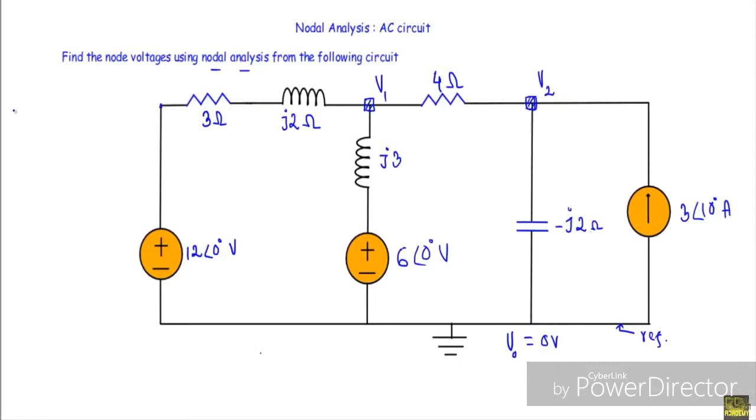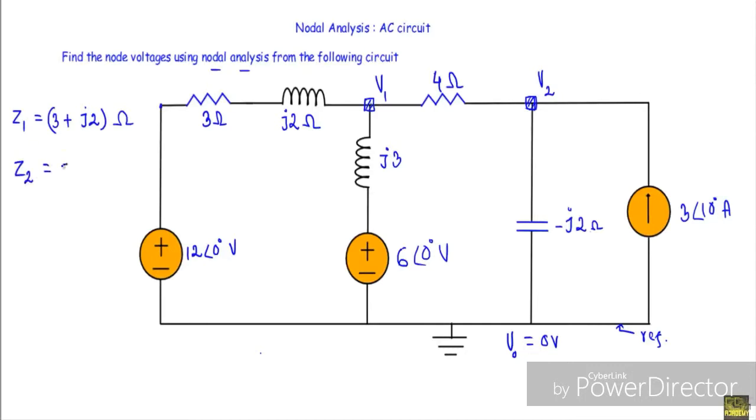This branch impedance is Z1. Z1 is a complex number and it will be equal to 3 plus j2 ohms. The branch between node 1 and the ground terminal, I am denoting that branch impedance with Z2.